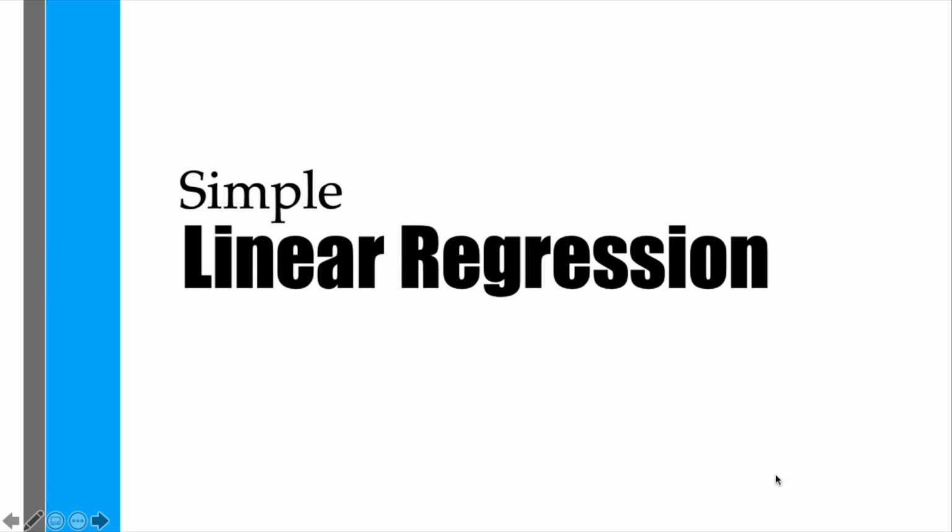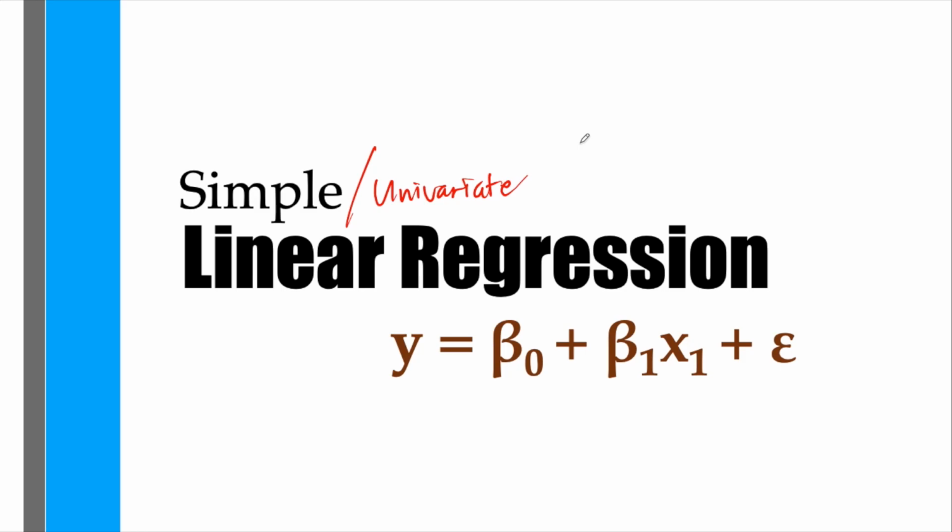Now let's move on to what we call the simple linear regression, which some call the univariate linear regression. Now, in simple linear regression, we're trying to form the equation which is y equals beta sub 0 plus beta sub 1 x sub 1 plus an error term, which is the epsilon symbol.